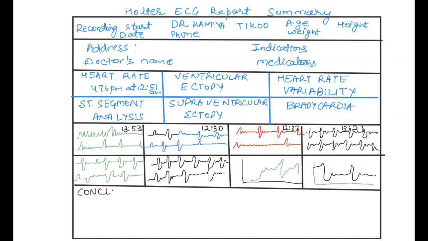Now, on the basis of the report, the graphs, the heart rate, ventricular ectopy, and all these factors, conclusions will be given. So, for example, the conclusion here is the average heart rate, which was either recorded for 48 hours or 24 hours. The average heart rate for 24 hours was 65 beats per minute.